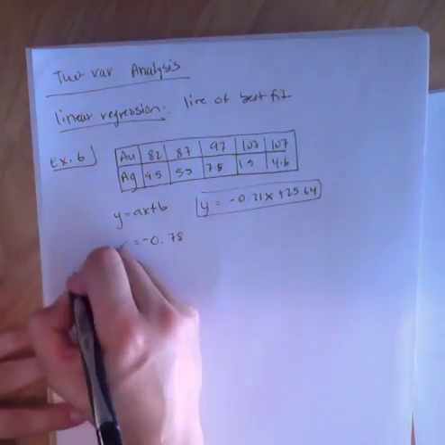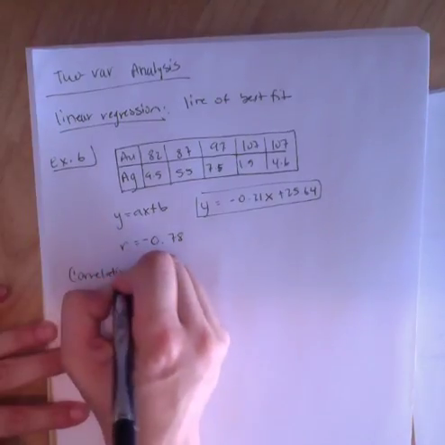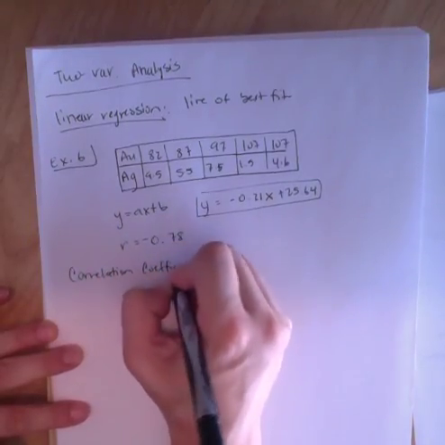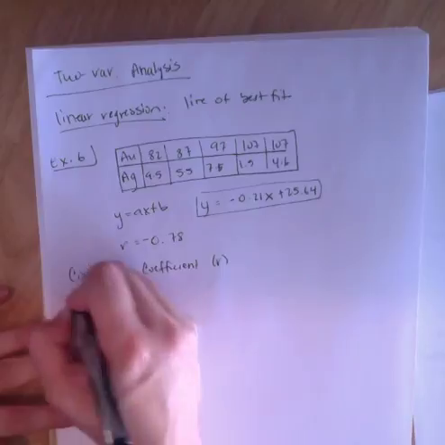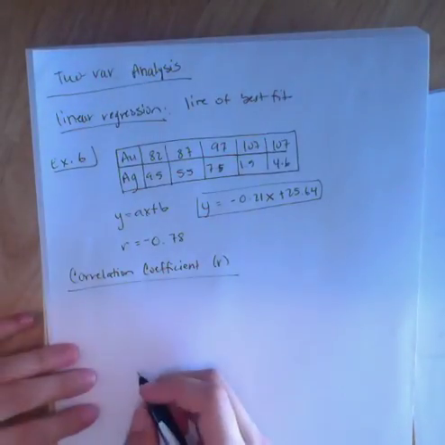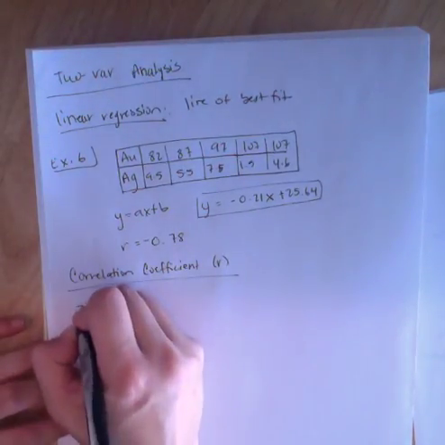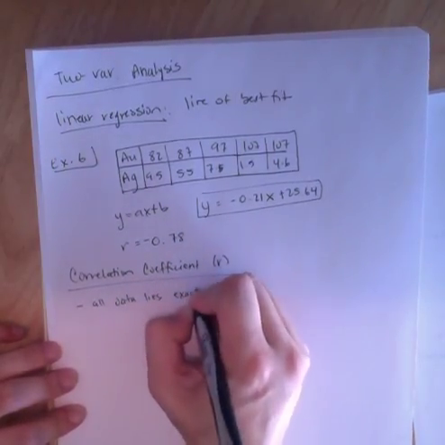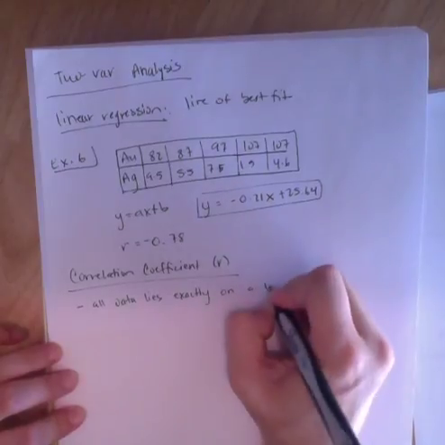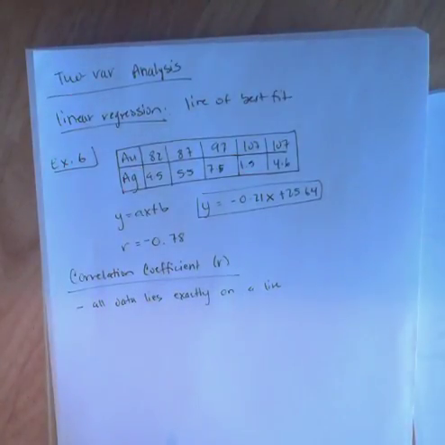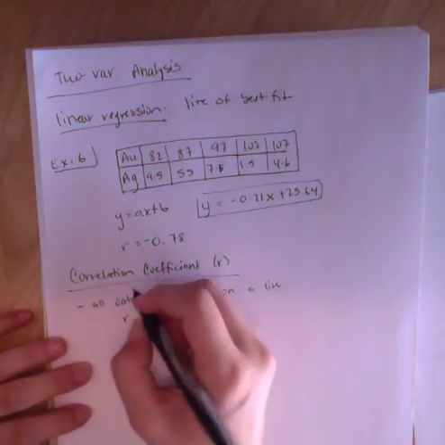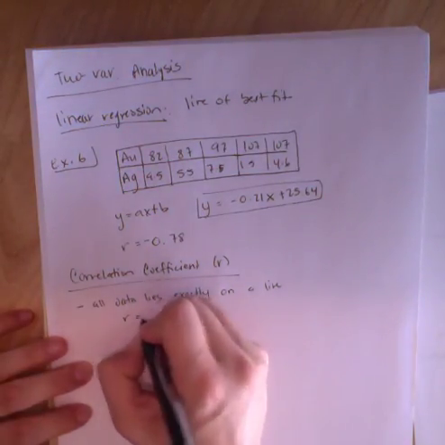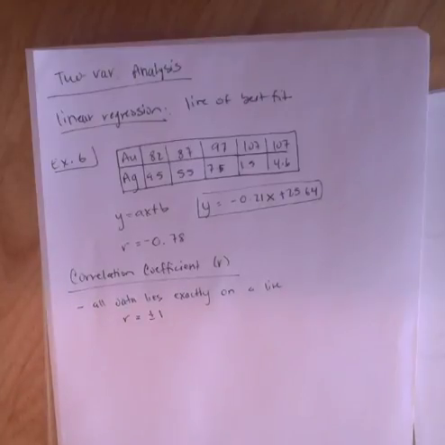What we call r is our correlation coefficient. And what r is for us, so if all our data lies exactly on the line, so if my line of best fit exactly matched all of my data, then r is plus or minus 1. Okay?